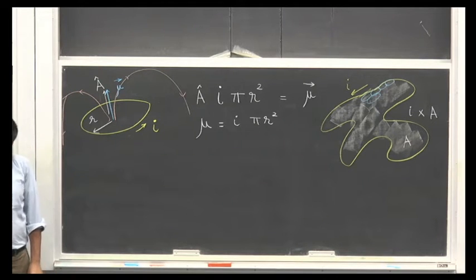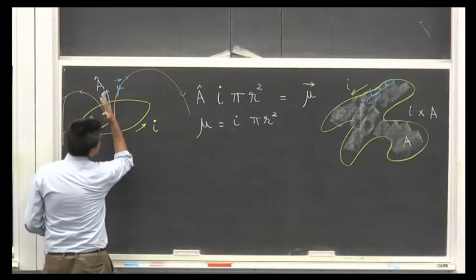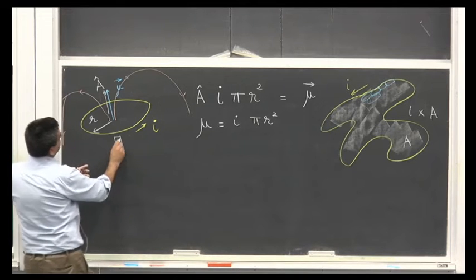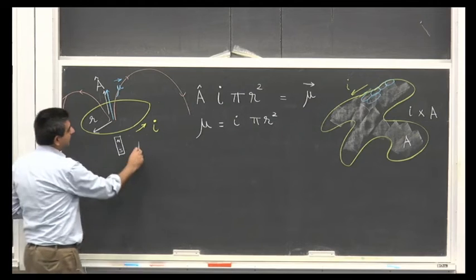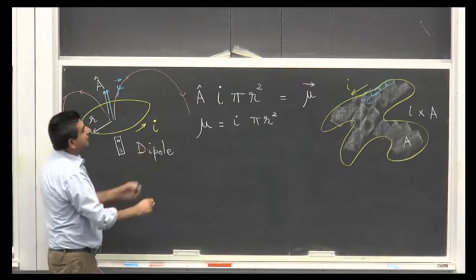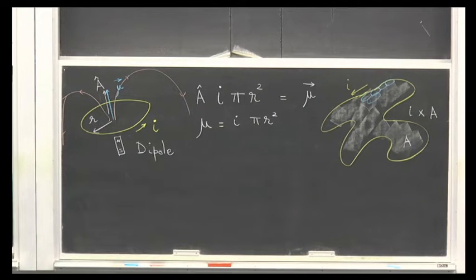I can think of it as a tiny magnet whose south pole is here, north pole is here, it's pointing like this. So I can visualize a tiny magnet, which is also called a dipole because it has 2 poles, of strength mu, which is associated with the moving current.